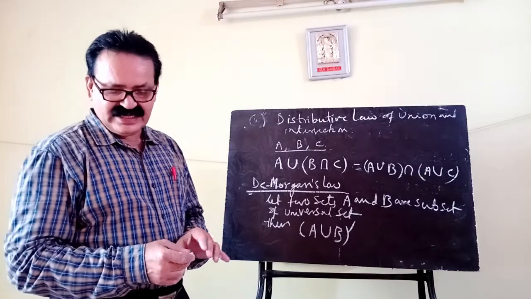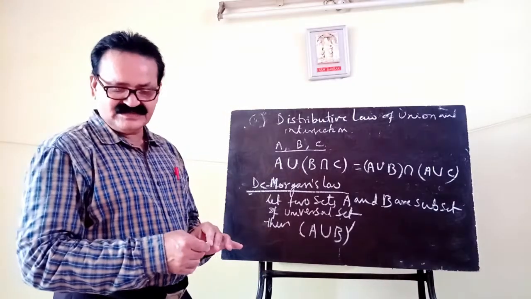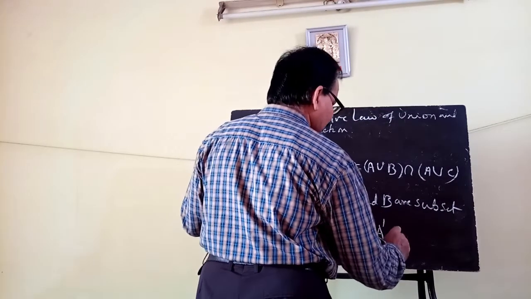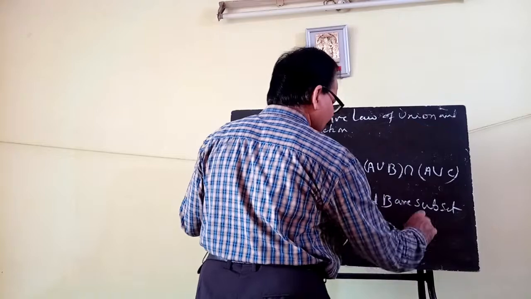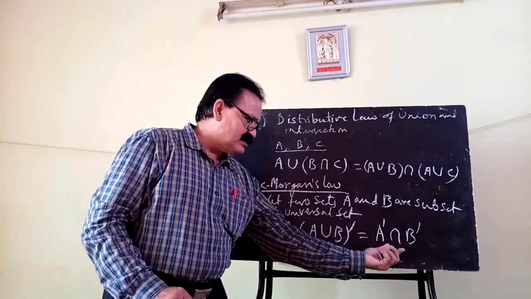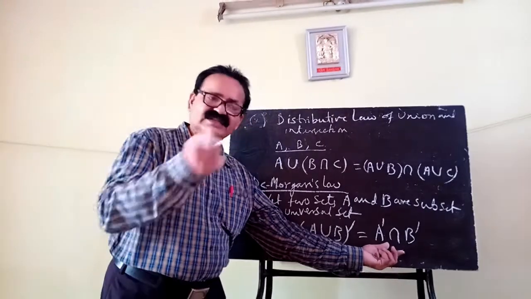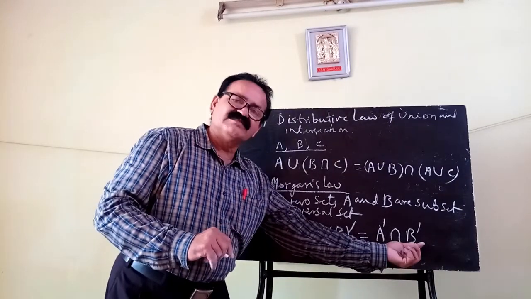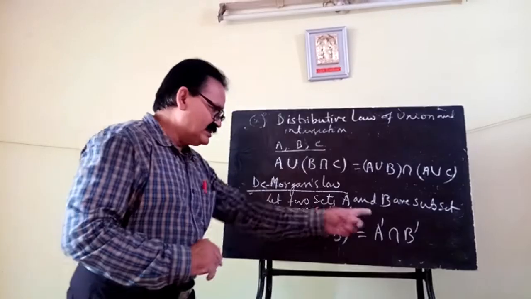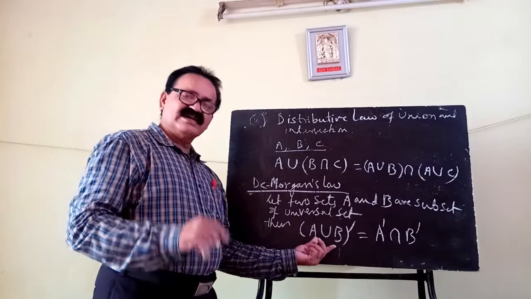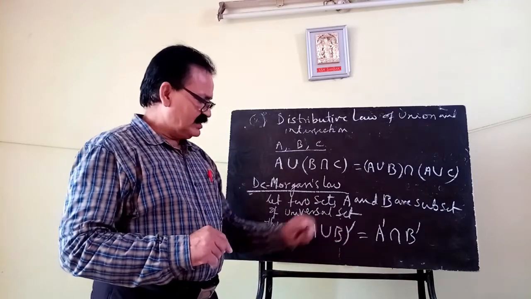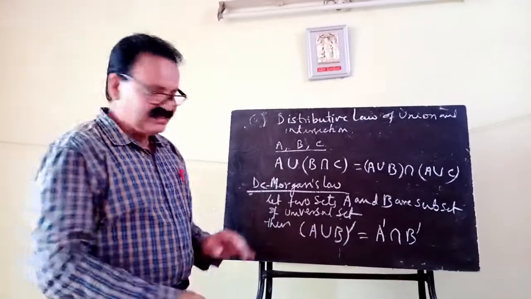The complement of A union B will be the same as the intersection of A complement and B complement, meaning the remaining elements of set A and of set B from the universal set. Clear?